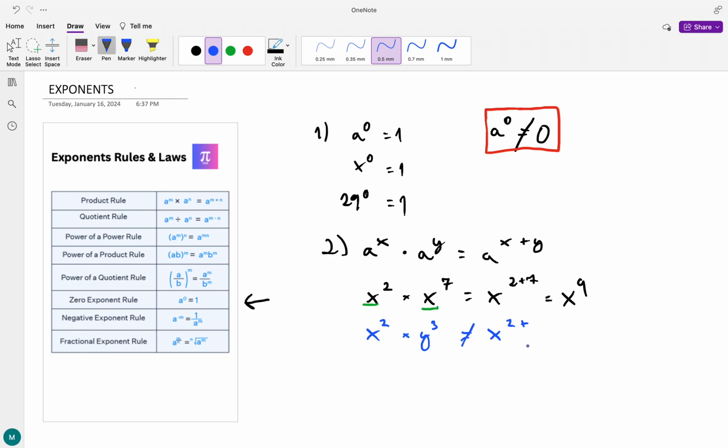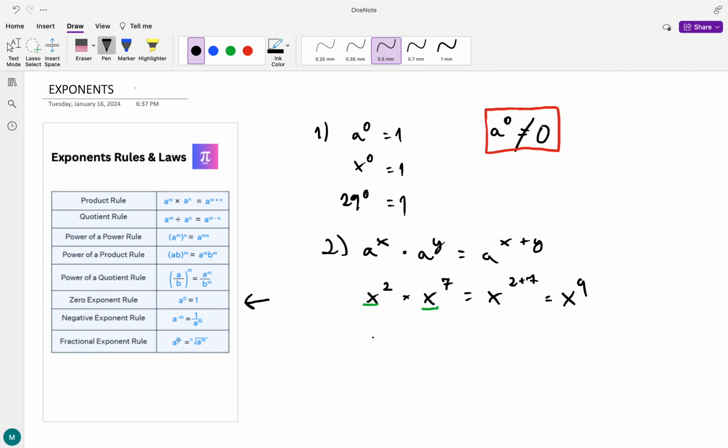I don't even know what to write here because the bases are different. So let's just scratch that. I wanted to emphasize the point. Can I get the eraser? Thank you. Okay. So hopefully that's clear, and you're going to remember that the base has to be the same.